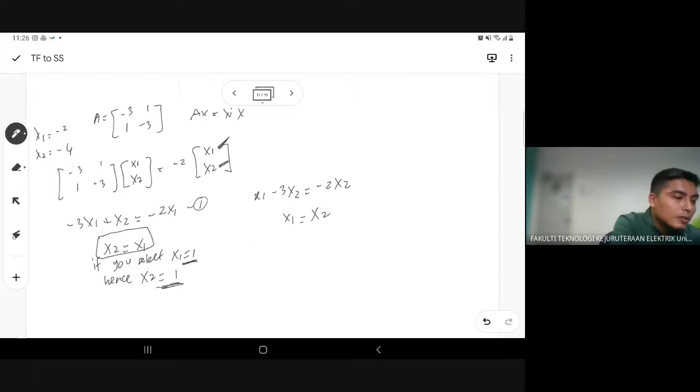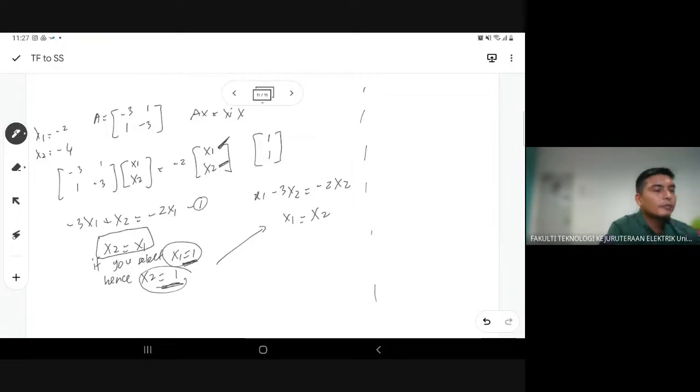So for the first part, you get 1 and 1, if we refer to lambda equal to negative 2.